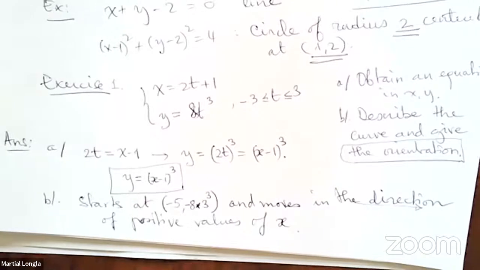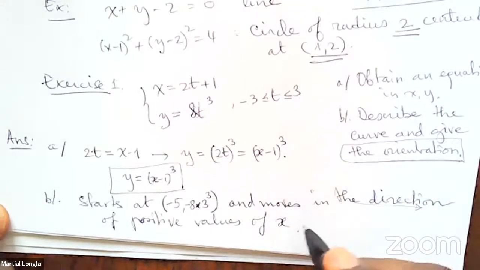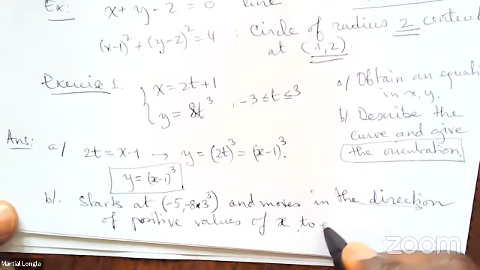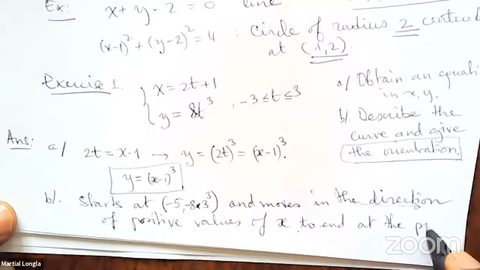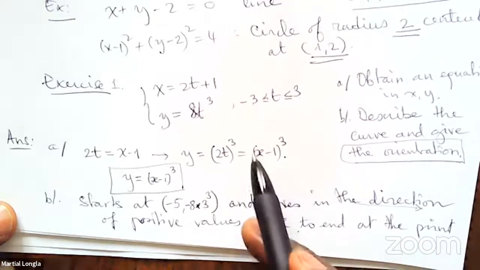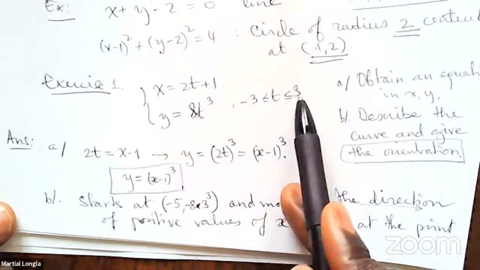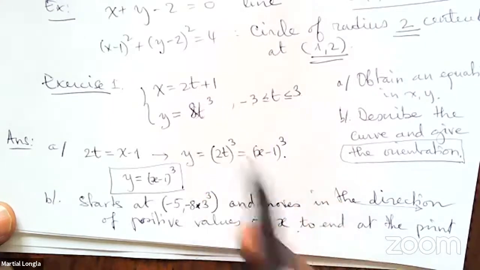That's enough to describe it, right? So it starts there and moves in that direction. And ultimately ends at the point where you have t equals 3 and you plug in there.